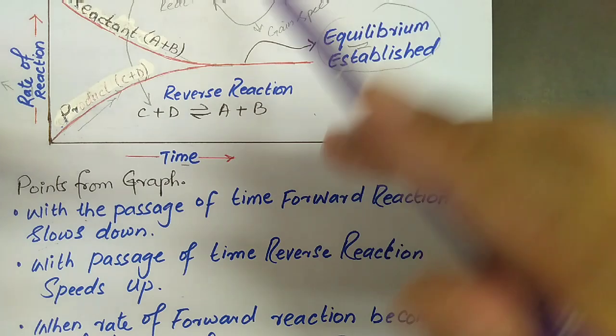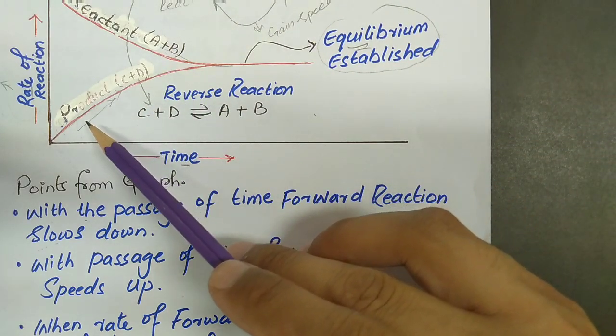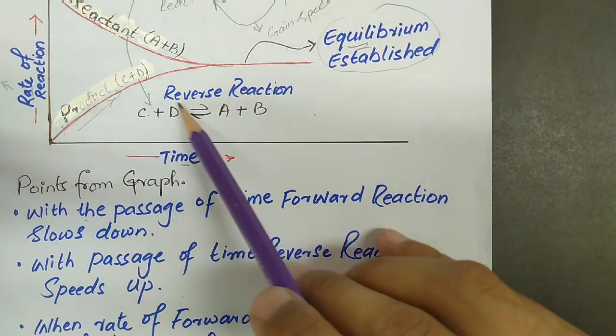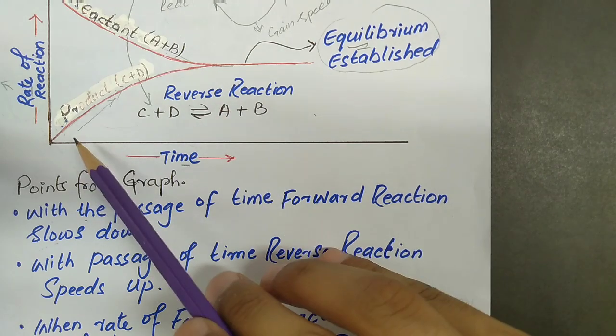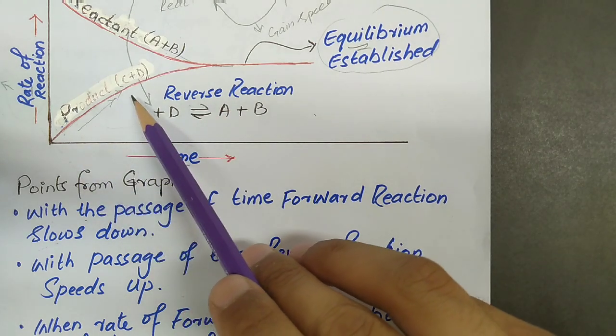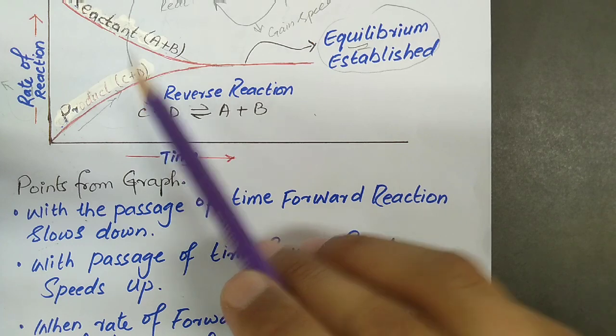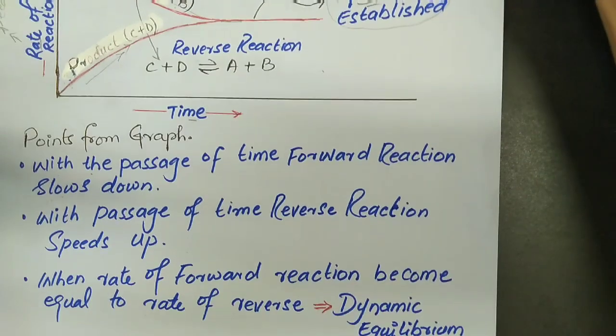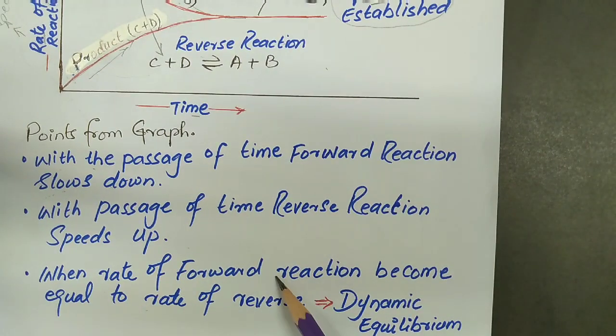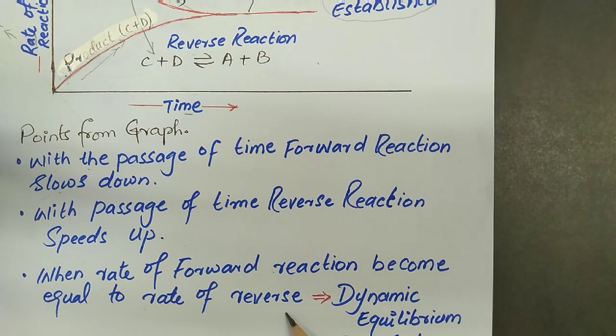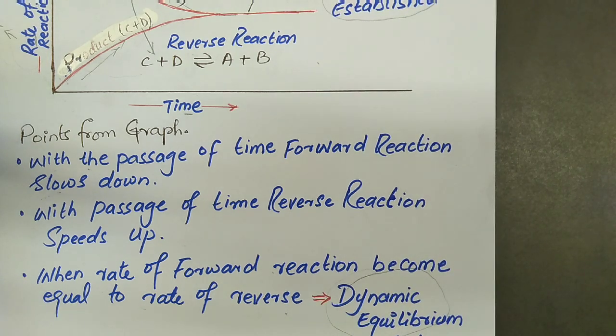As you can see in the graph, as time moves on, the product, that is the reverse reaction, is speeding up. And when the rate of forward reaction becomes equal to the reverse reaction, that time is called dynamic equilibrium.